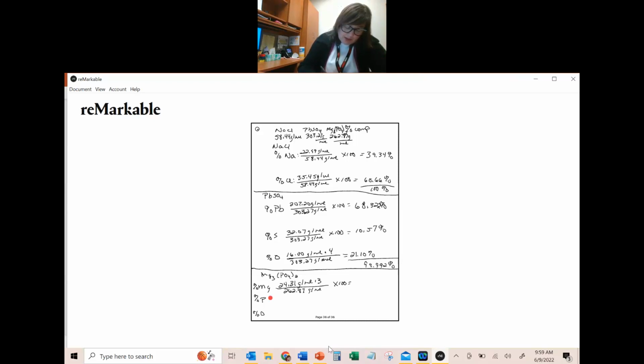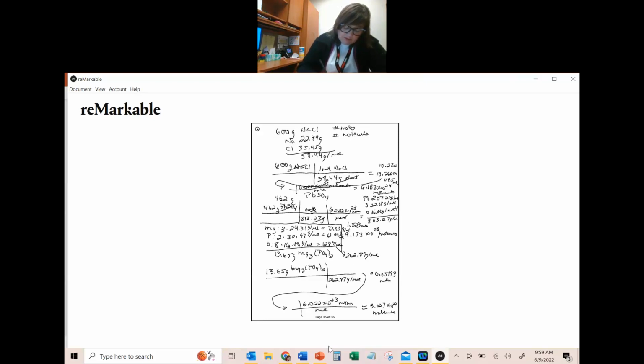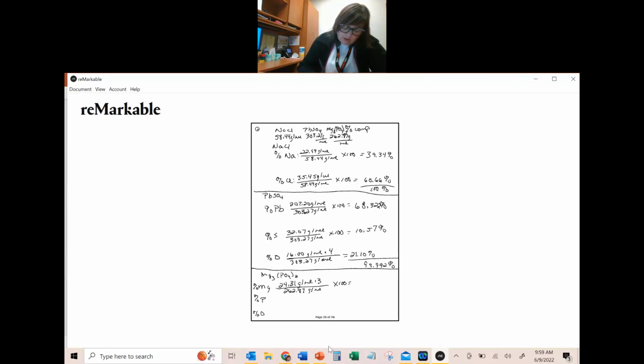The phosphorus is 32.07. No, that's sulfur. Phosphorus is 30.97. I knew it was something like that. Grams per mole times 2, because there are 2 of them. Once we distribute the 2, over 262.87 grams per mole times 100.